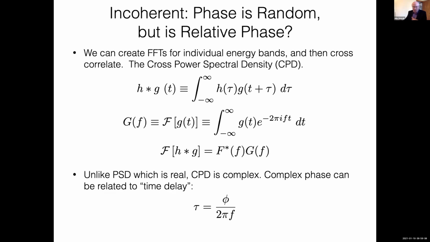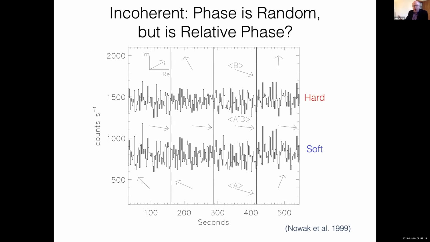So I can take that complex phase in Fourier space, divide by the frequency, and that we call a time lag. It might not be strictly a propagation time lag, but it is a time lag nevertheless that might give us some physical information. So here I'm doing that for Cygnus X-1. The lower light curve is low energy.